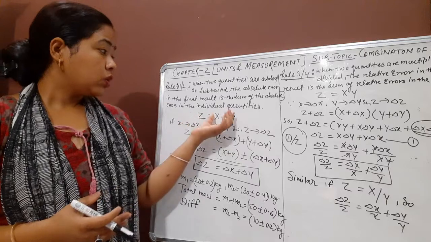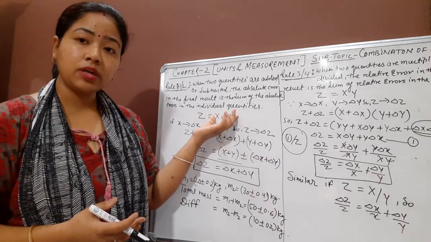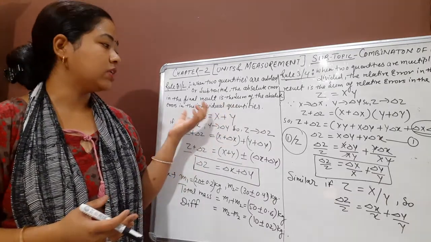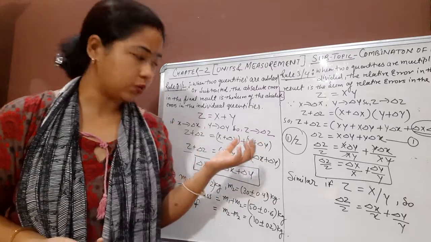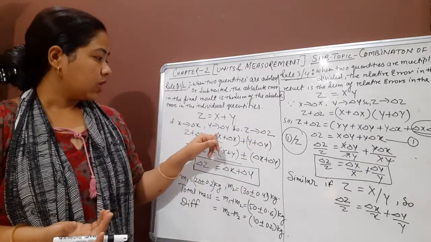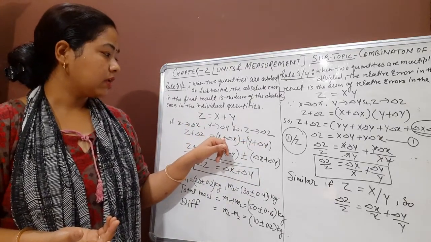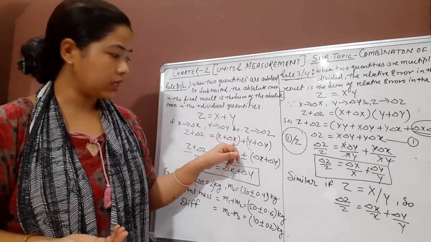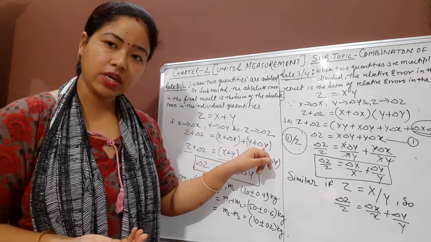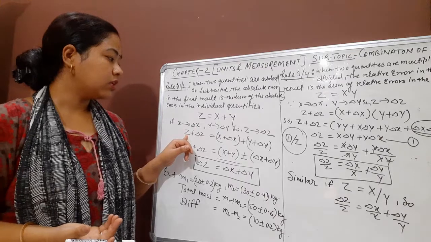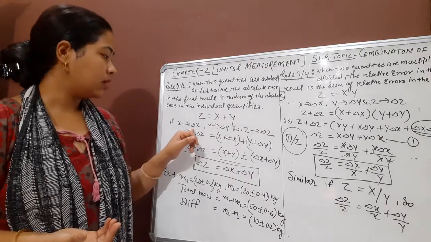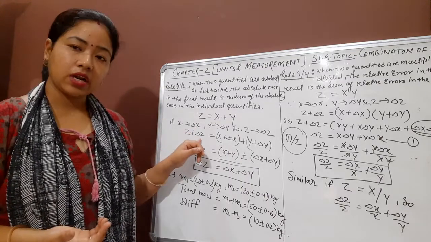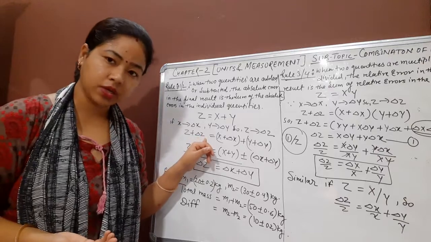So if two individual quantities contain some errors, obviously the final result will have some error also, right? So if x has error plus delta x and y has delta y, the final result will also have some error, that is delta z, right?